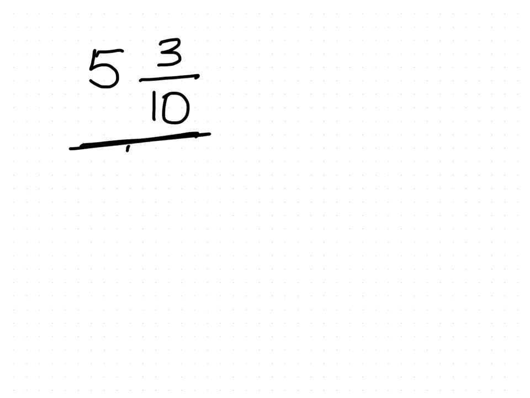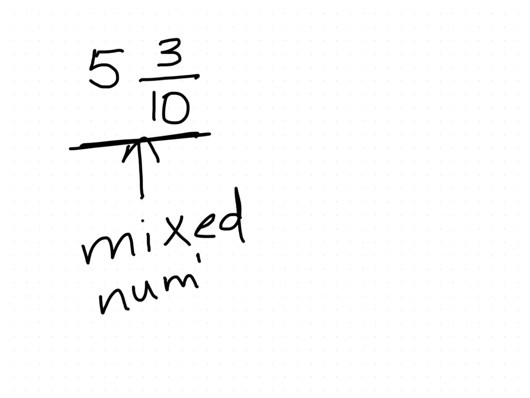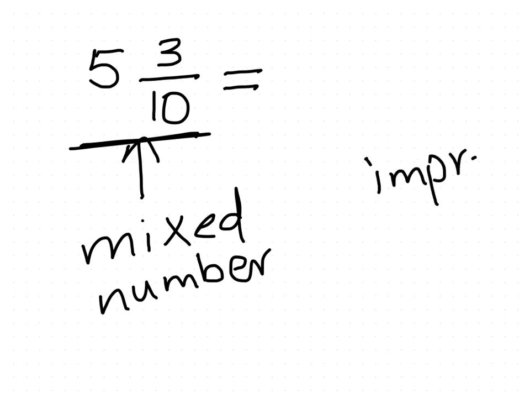Let's take an example. If you have 5 and 3/10, what do we call this number? It's mixed. Why do you call it mixed? Because they are mixing a whole with a proper fraction. Okay, now what do you want to do? I want to convert this mixed into an improper fraction.